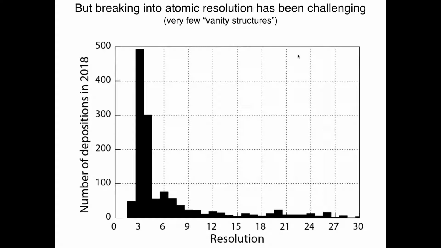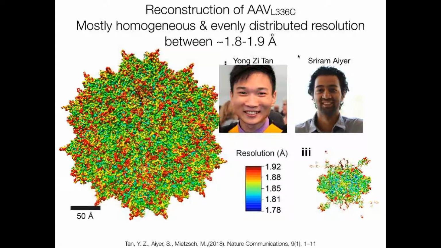So this was late 2017. And the resolution was in practice limited to about 2 to 2.5 angstroms for the reconstructions that have been deposited into the electron microscopy databank.